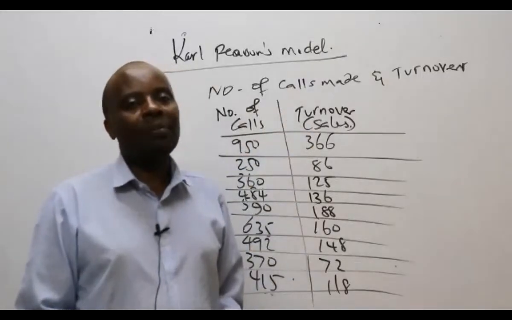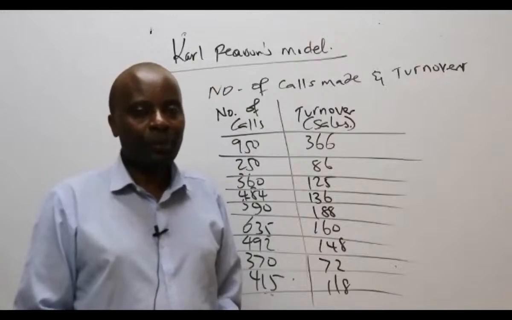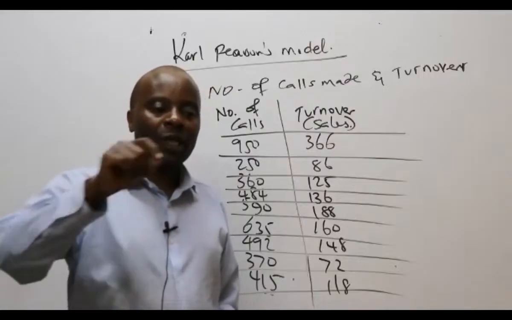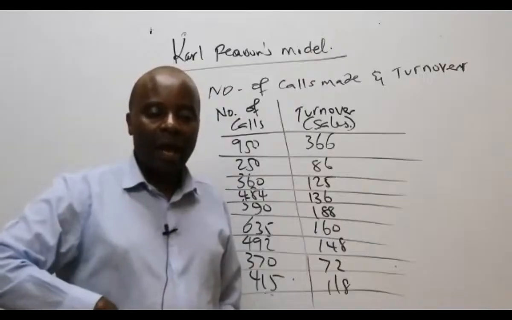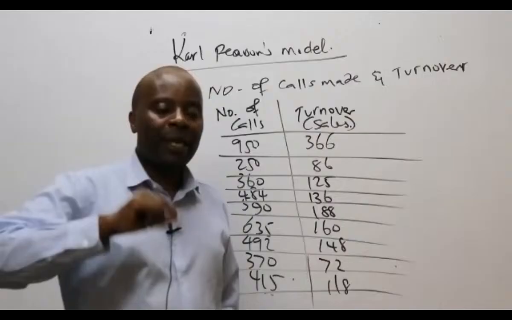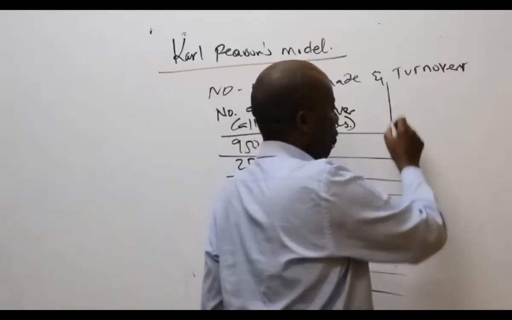There is nothing further from the truth than that. We must establish the dependence relationship. Which one depends on the other? Which variable depends? So you must always establish the dependence relationship.